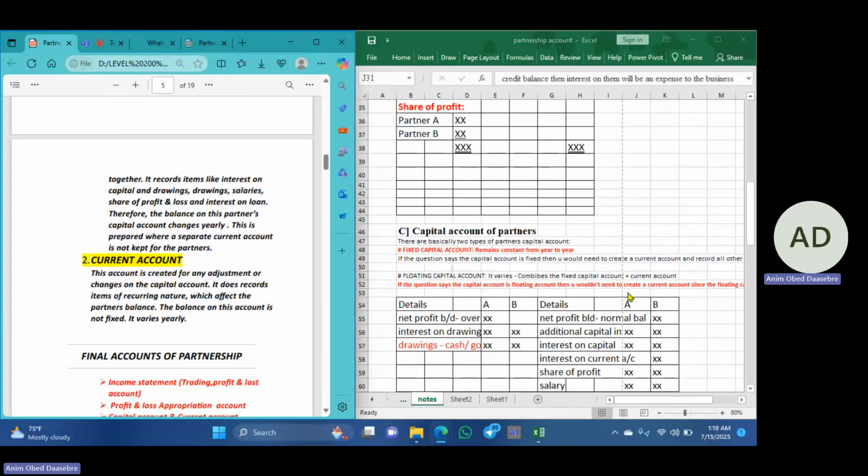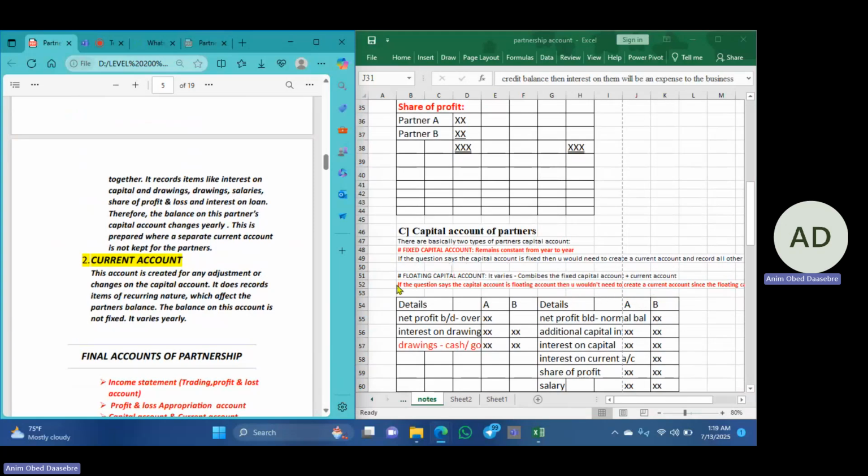The current account is there to do any adjustments or changes on the capital account. If it is only fixed capital accounts, then we need to open an account called current accounts and do all the adjustments over there, all the adjustments in that account.